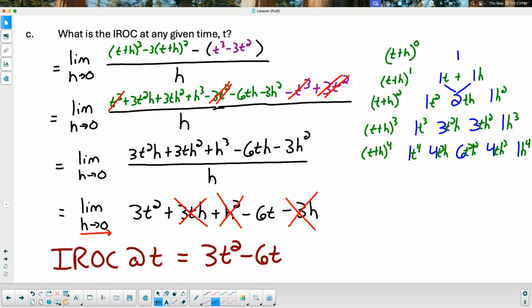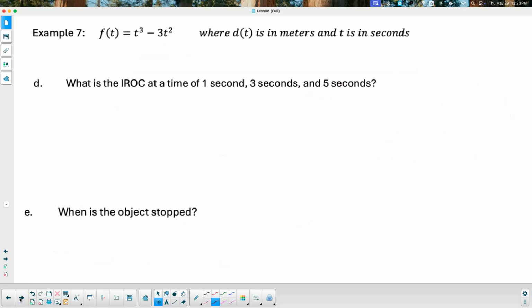So now if I need to, which in the next one, in letter D, it says, what is the IROC at a time of t equals 1, t equals 3, and t equals 5? So now, because I have my derivative, or my IROC at any time t, is 3t squared minus 6t.